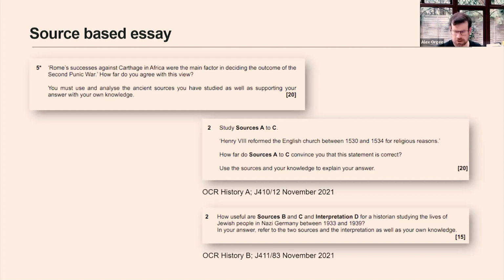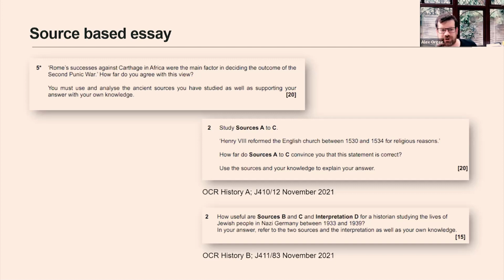So we're looking for them to integrate their knowledge of the sources they've studied and their own knowledge of the historical events, and focus that into an argument to address the question, but also comment on the accuracy and reliability of the information they've quoted to support that argument.